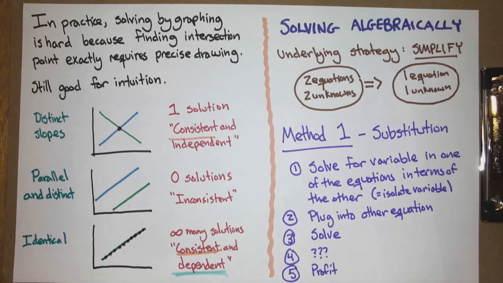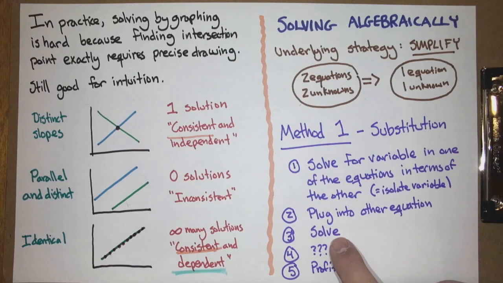I can solve that, and then I can use that information to recover what the other part of my solution should be. And then something happens, and then we get profit. Now I will say, among all the steps here, step 4 is the hardest one. It's still the one that I'm working on. But usually we're pretty happy if you get to step 3. Any questions on the ideas before we go to some examples?